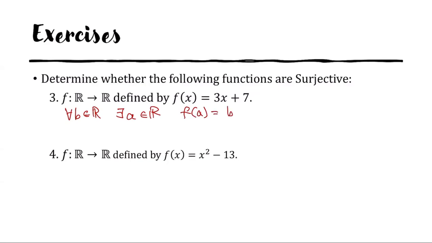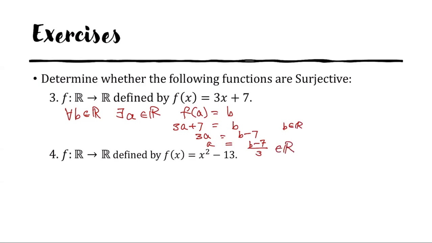Then again, f of a equals 3a plus 7. Now, if you want to look for a, 3a will equal b minus 7. Then a will equal b minus 7 over 3. And since b is in the set of real numbers, then b minus 7 over 3 is also a real number.